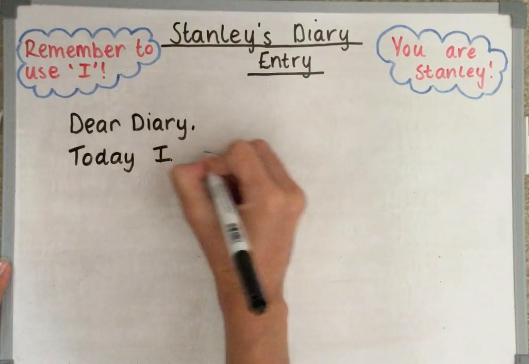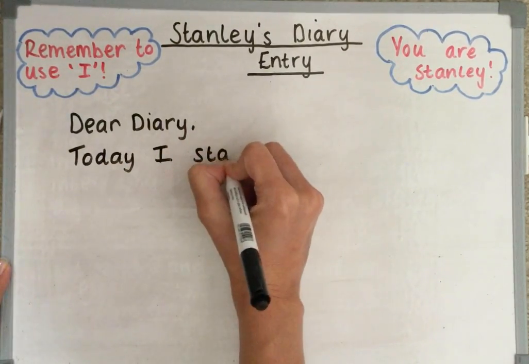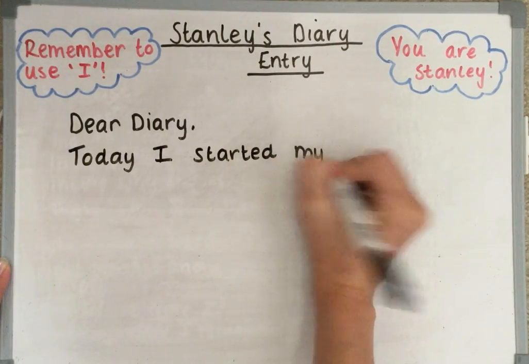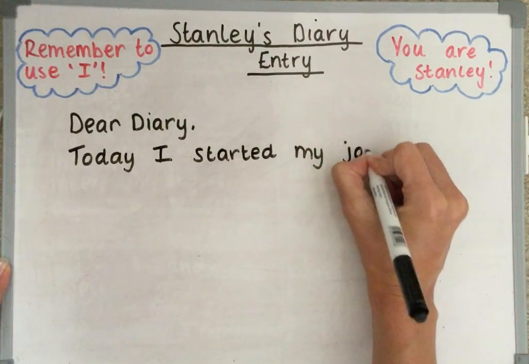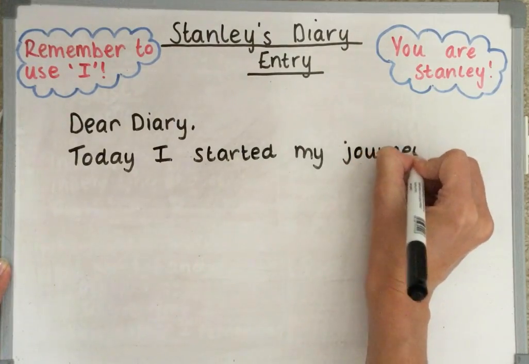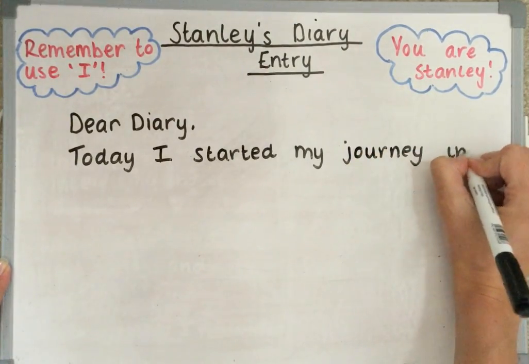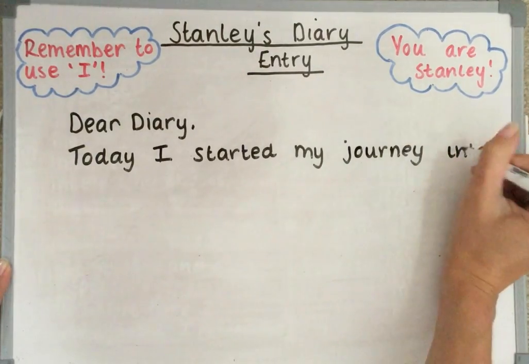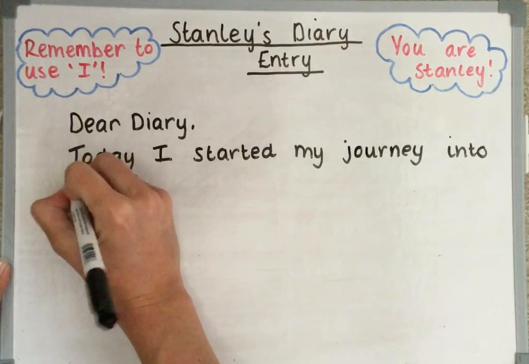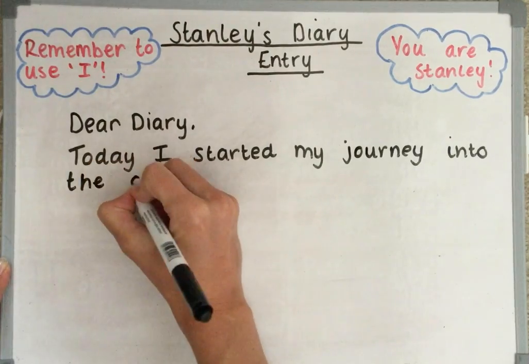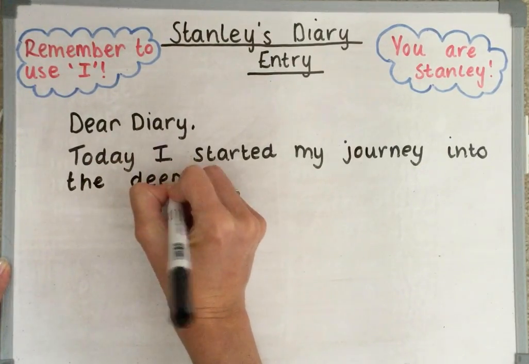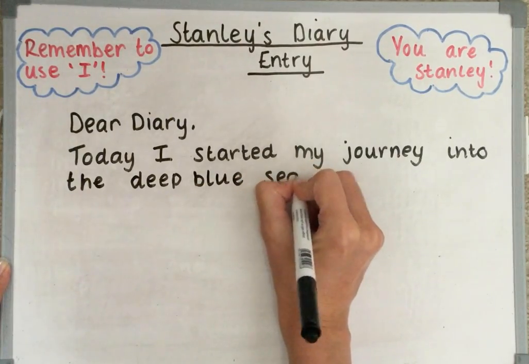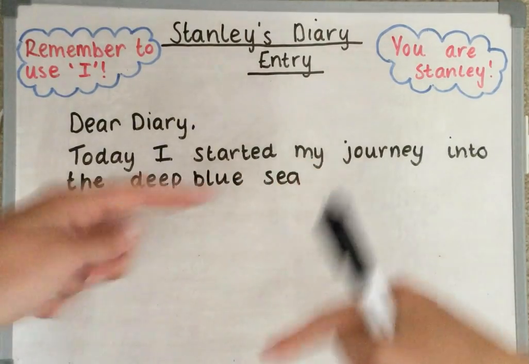Today, I started my journey into, marvellous mistake, Miss Nixon's dot isn't above her eye, into the deep blue sea. What comes at the end of my sentence? Full stop.